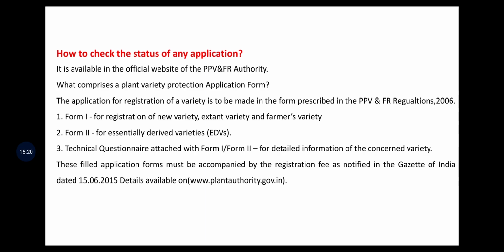Then the technical questionnaire is attached with form number 1 and 2 for detailed information of the concerned variety. These filled application forms must be accompanied by the registration fee as notified in the Gazette of India dated 15/6/2015, and details are given on the website, that is plantauthority.gov.in.